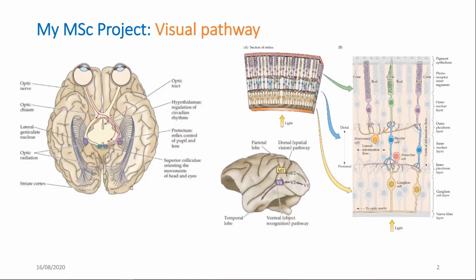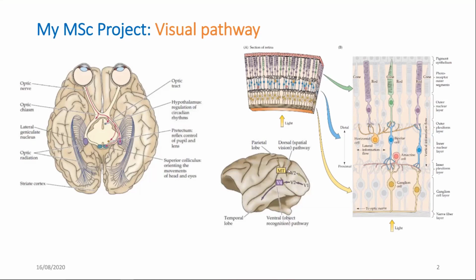Then from this area, the information passes in two different directions, either the dorsal stream, which goes towards the forebrain, or the ventral stream, which goes towards the temporal lobe, or you can see it as the temporal bone, a bone behind your ear. So it is going along that direction.